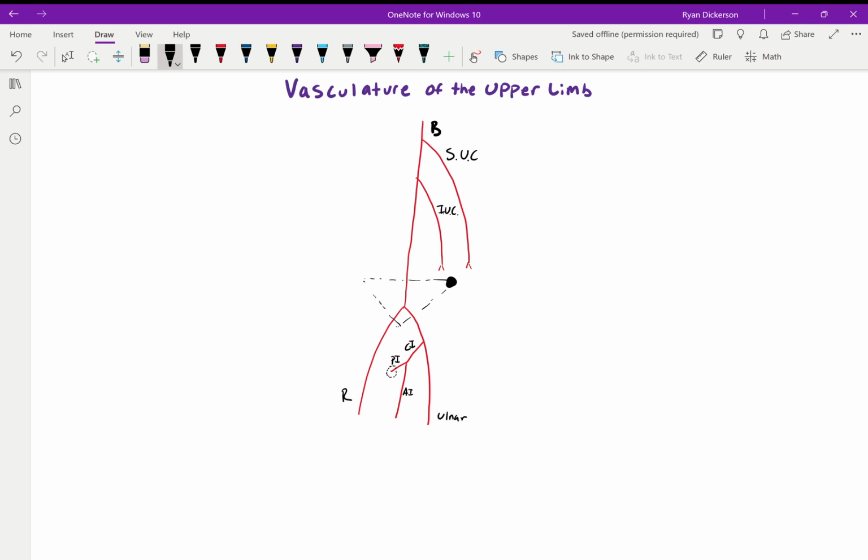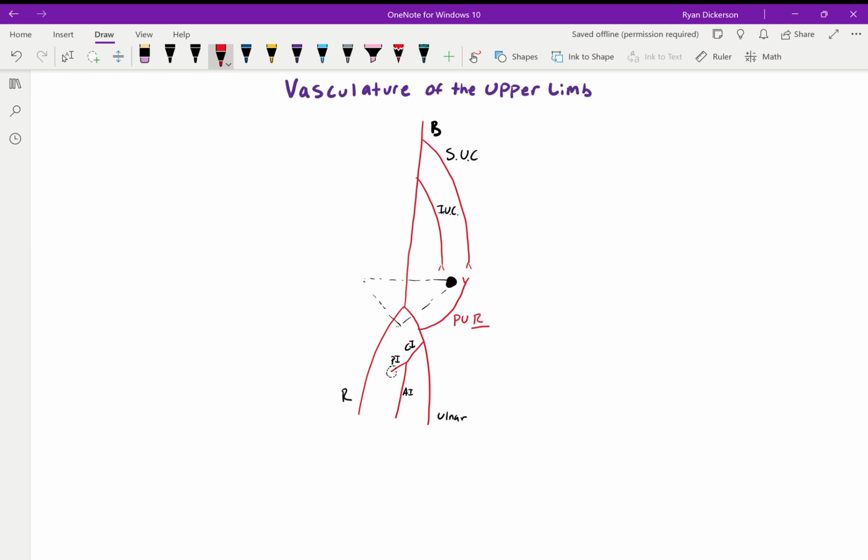Okay, so remember I said the superior ulnar collateral artery is running down and it's running posterior to the medial epicondyle, whereas the inferior ulnar collateral artery is coming down into the forearm and running anterior to the medial epicondyle. Now, these branches are actually going to anastomose with branches coming from the ulnar artery. So this is going to be coming up. We're going to have a posterior ulnar recurrent artery.